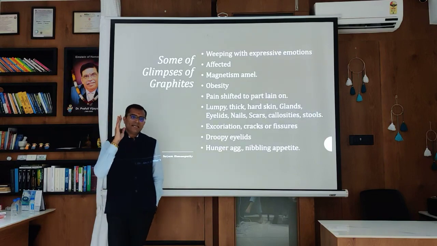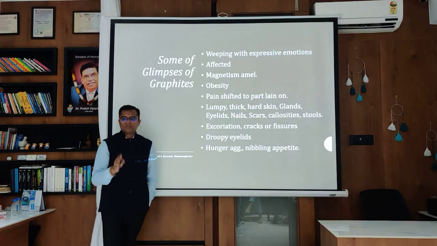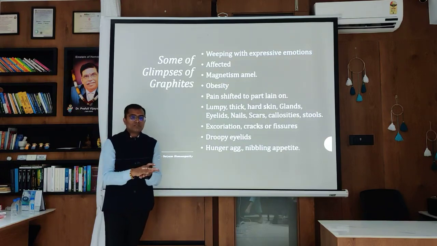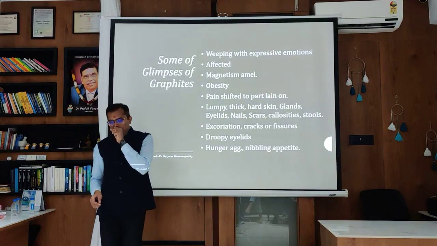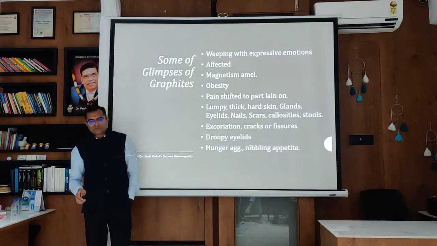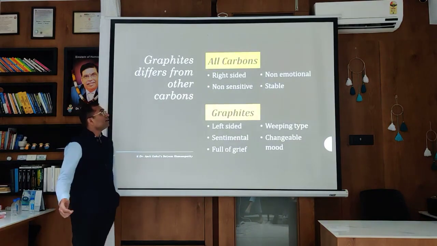So when there is hardness at the level of everything because of excess fibrin, you can think of graphites. To rule out graphites, you have to touch the hand. If there is softness, don't prescribe graphites. Excoriation, cracks, fissures, droopy eyelids, hunger aggravates, niggling appetite.